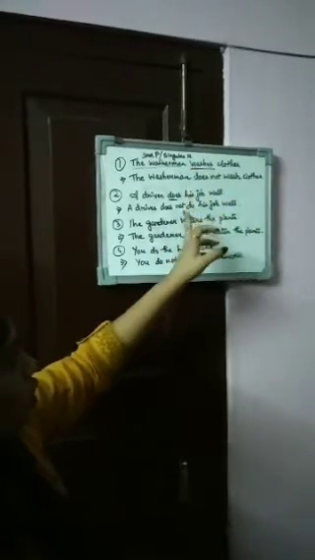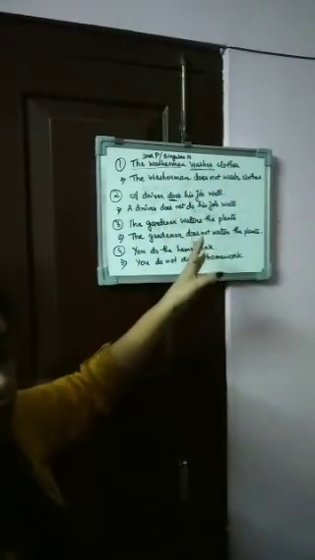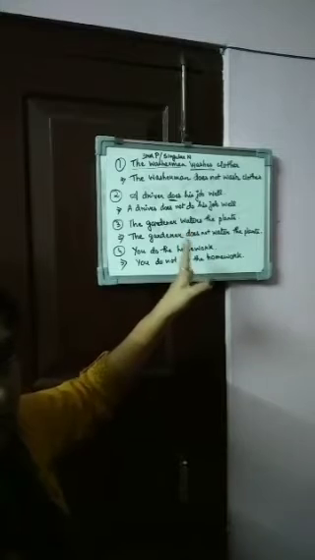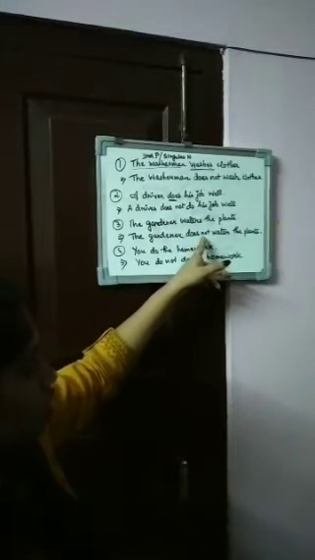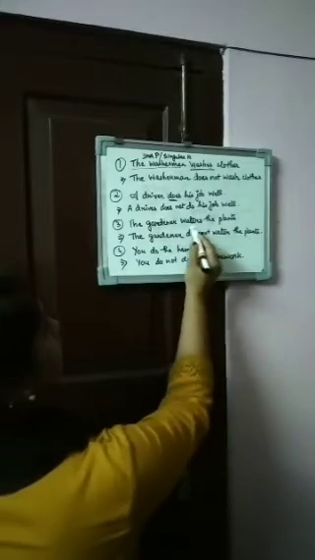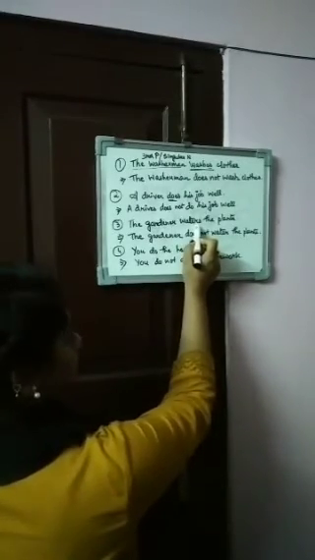If there is does or any third person form, then we put does not, because we are making a negative sentence. Okay, does not, then we write not waters but water. There will be no s, no es.